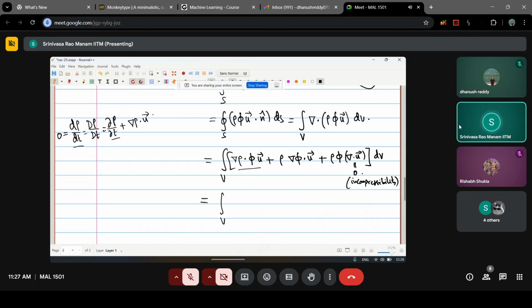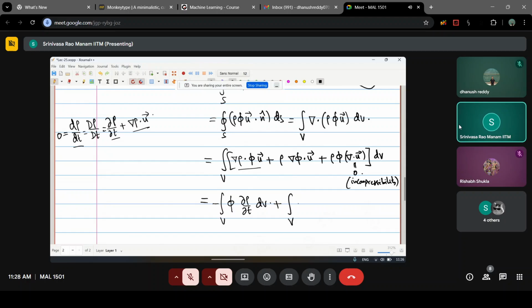This will give me phi comes out, grad rho dot u equal to minus ∂rho/∂t. ∂rho/∂t dV, isn't it? Plus integral over V, rho comes out anyway.